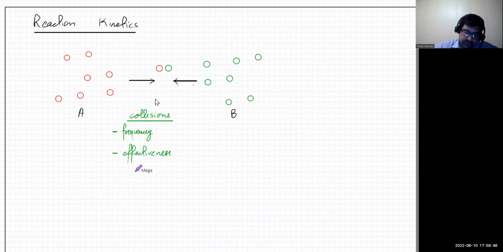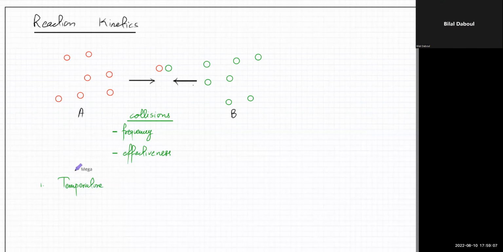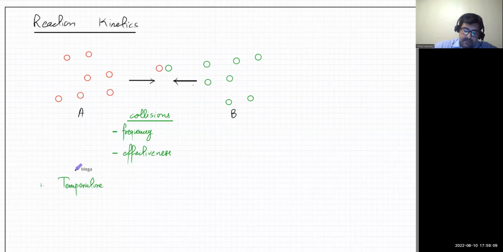So, starting with the first one, there are 5 factors that affect the rate of reaction. The first one is temperature. So what does temperature do? Does it increase both things, or does it just increase one thing? What does temperature do? It increases both things.